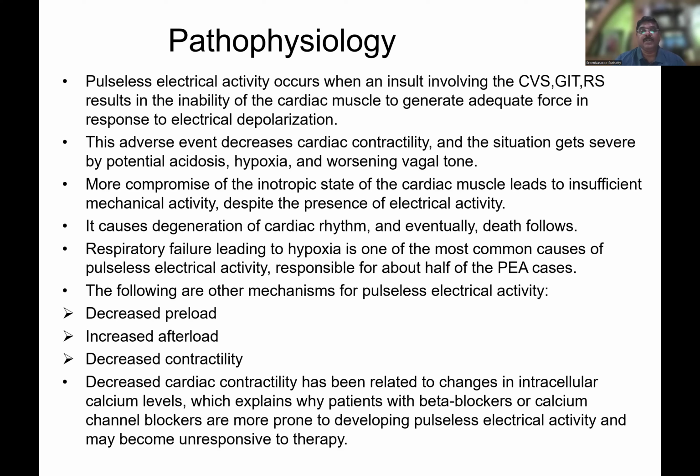Respiratory failure leading to hypoxia is one of the most common causes of PEA, responsible for about half of the PEA cases. The other mechanisms for pulseless electrical activity are decreased preload, increased afterload, and decreased contractility.